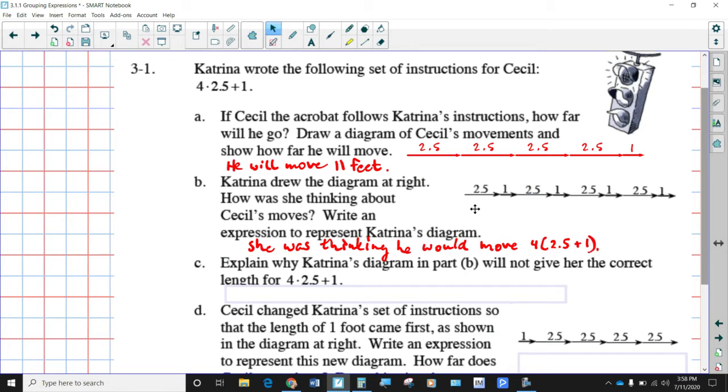And so it could be 2.5 plus 1 plus 2.5 plus 1 plus 2.5 plus 1 plus 2.5 plus 1, or we could write the shortened version like that. So explain why Katrina's diagram in part B will not give her the correct length for this expression. Go ahead and pause and write down why you think that is, and then I will share my response.